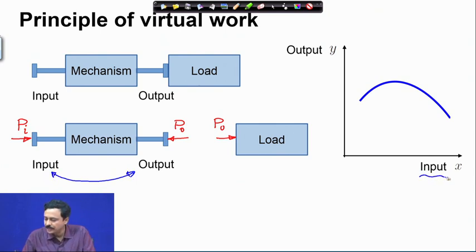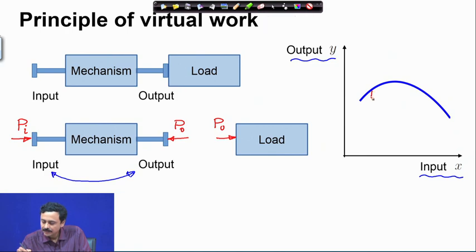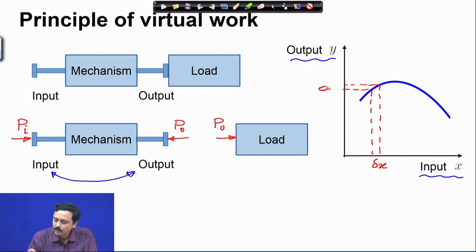Suppose the input output relation is known in this form, so that at the particular configuration x, if I give a virtual input displacement delta x, and I obtain a virtual output displacement delta y, and if I am able to find the relation between delta x and delta y, then I can proceed to apply the principle of virtual work.